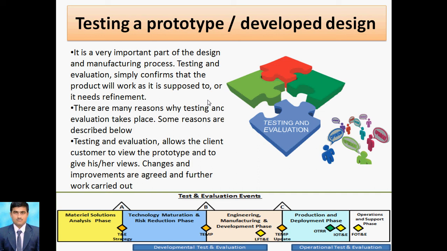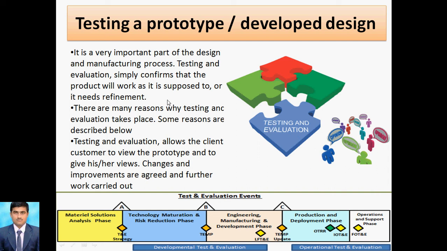For that purpose, we can improve the material, or use a new technology, or use the engineering and manufacturing phase. Otherwise, you can deploy the production phase, and after improvement of these three processes, we can go for the finalized product. Because after testing, some points will be raised.